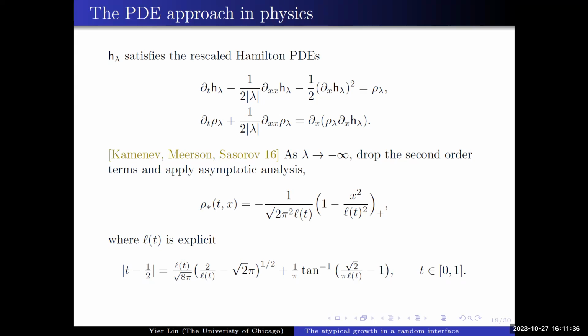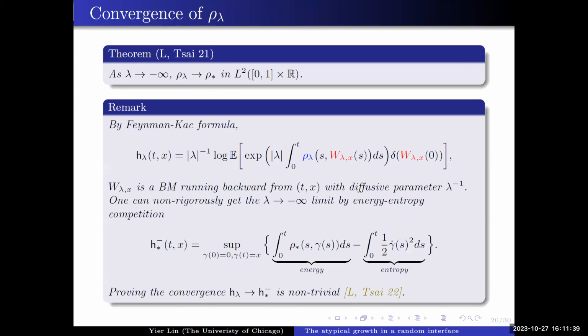There is actually a Feynman-Kac representation that can represent the solution of H in terms of this potential rho. It's similar to what you see with Brownian motion evolving in the space-time white noise, where you compute the expectation. The only difference is that now the space-time white noise is replaced by this potential.